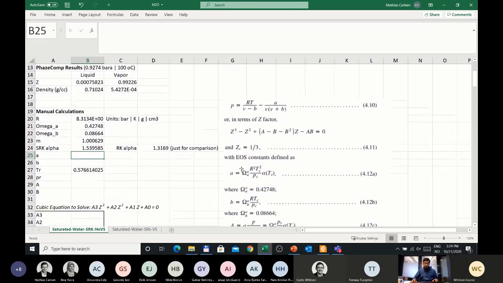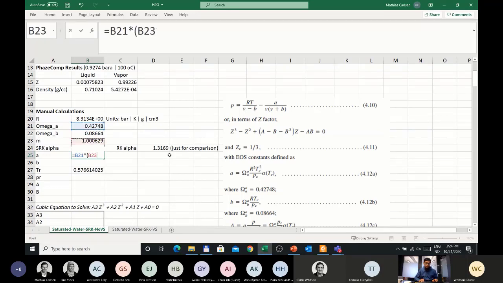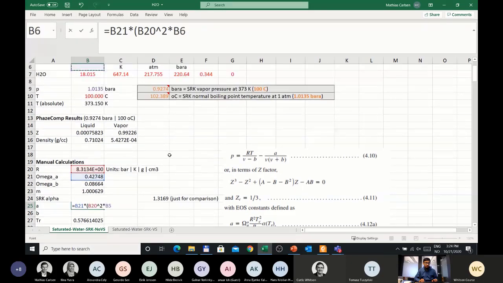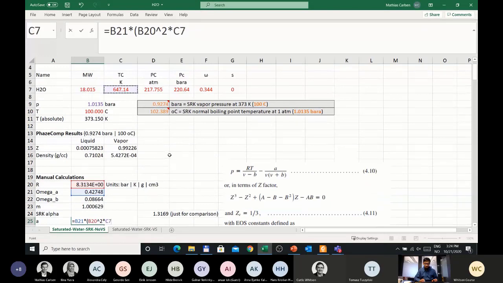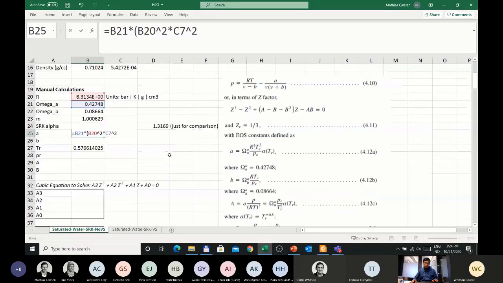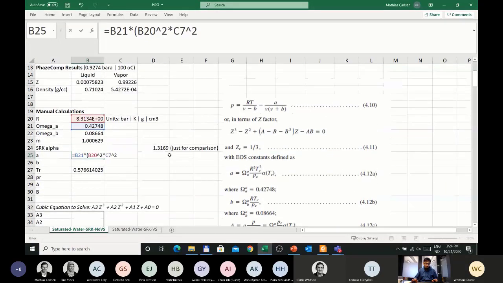Then we have A. So A is this guy here, equation 4.12. A, so omega A times R squared times the critical temperature in Kelvin squared, over PC.